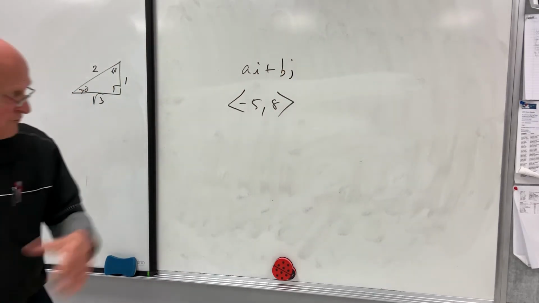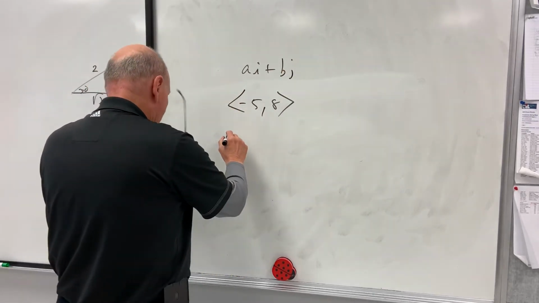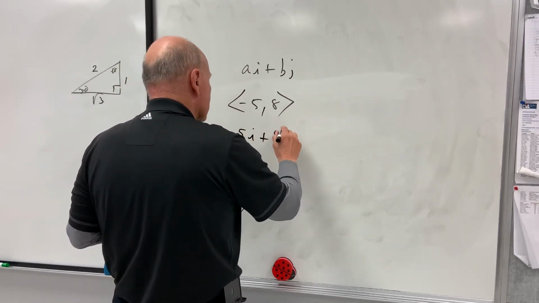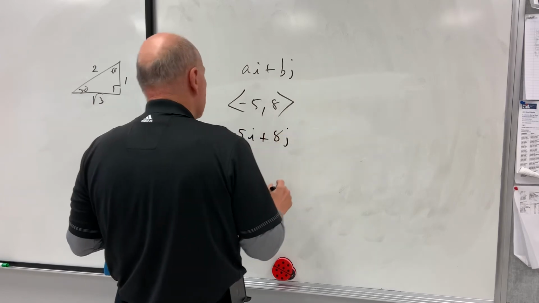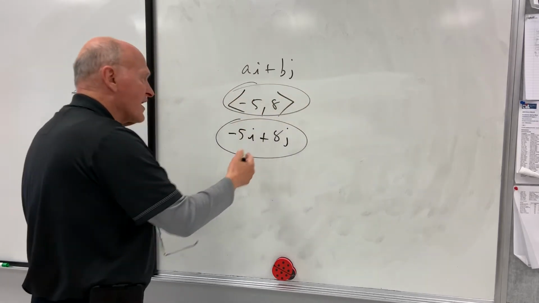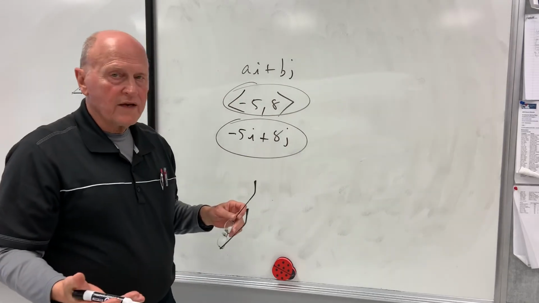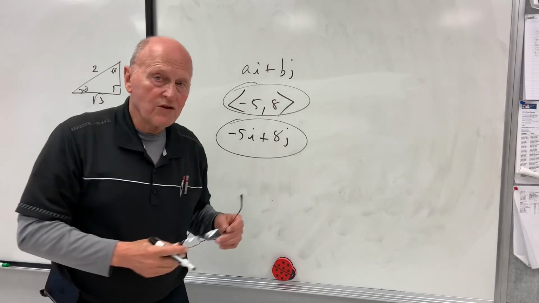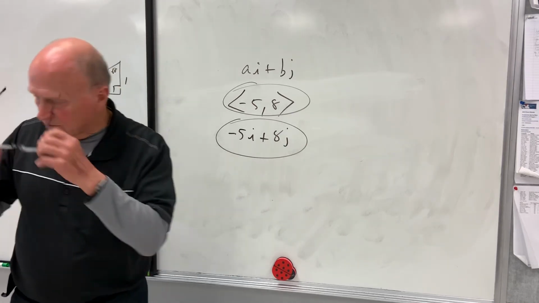That means in this particular case that a is -5, so we have -5i, plus b is 8, so we have 8j. So this and this are the same thing, it's just a different form that it's written in. Why they give two different forms, I don't know. I just know that they do, and they ask us to understand both forms.